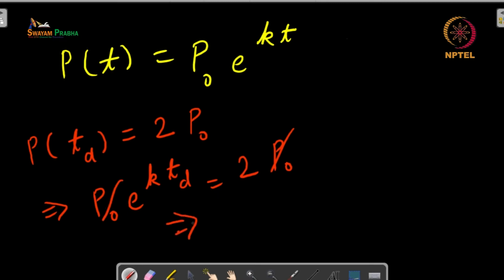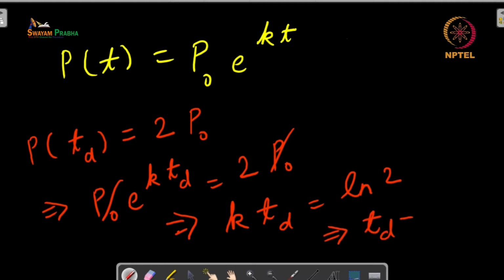Now taking natural logarithm on both the sides, we get k into TD is log of 2, which gives us that TD is log 2 divided by k.